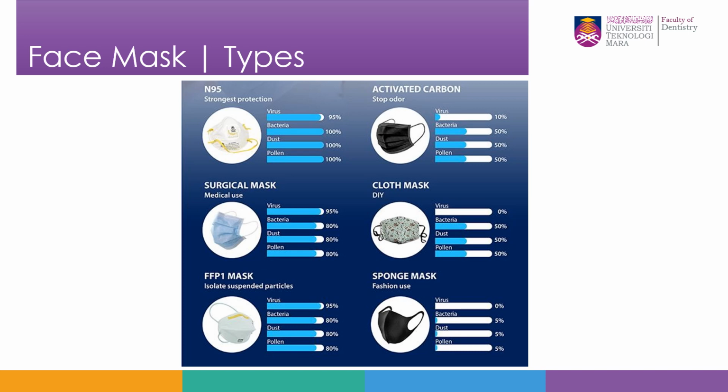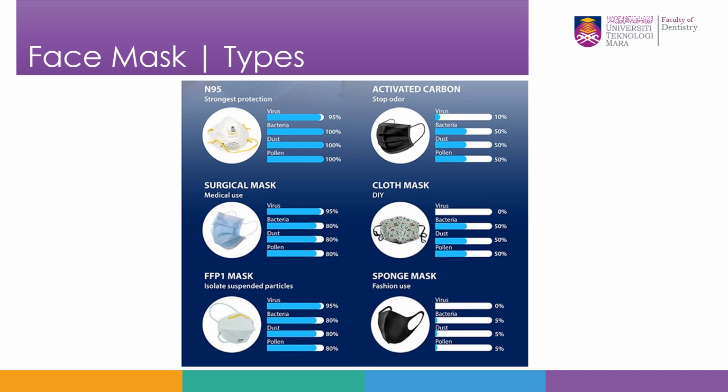Okay, just showing you the types of the face mask available for the medical sector. If you look at here, the most acceptable mask for us as a dentist is actually surgical mask. Okay, this is the common mask that we wear in the clinic.